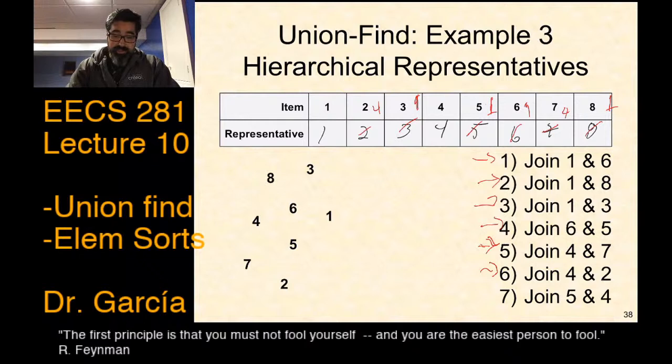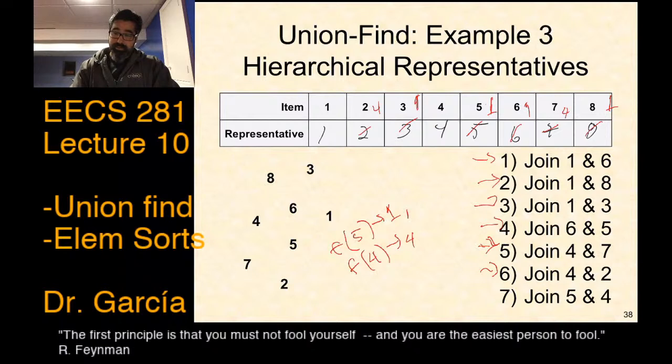And then lastly, joining 5 and 4. So we'd have a find on 5, right? That gives me 1. Then a find on 4. That gives me 4. But notice, let's spell out what the find on 5 would be. The find on 5 goes to 6 and then it goes to 1.